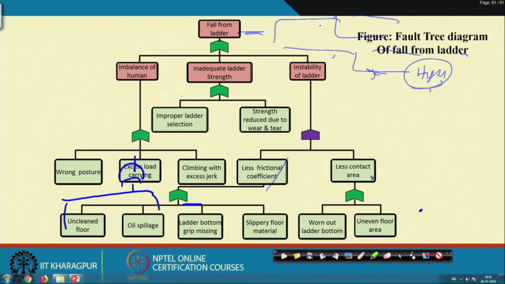Okay. If you want to prevent fall from ladder, then definitely this fault tree will help you. You find out all the paths, you develop cut sets, and you prevent all the cut sets from occurring by engineering and administrative control.